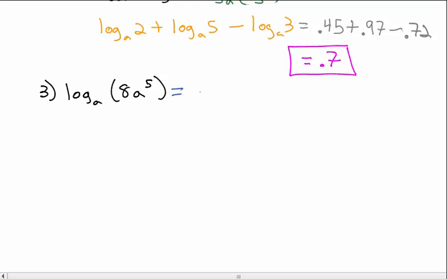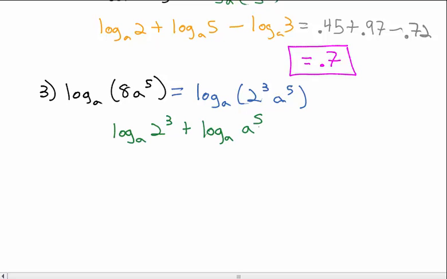Again, we need to rewrite that 8 in its prime factorization form, because it's the prime numbers that are going to be in our table. 8 is 2 cubed times a to the 5th. And so when we write this as 2 logs, we'll write it as log base a of 2 to the 3rd plus log base a of a to the 5th.